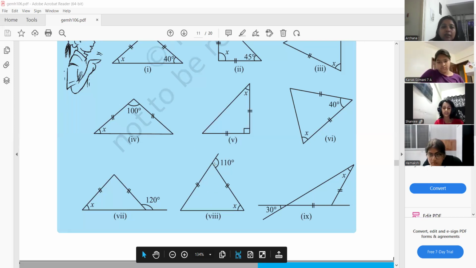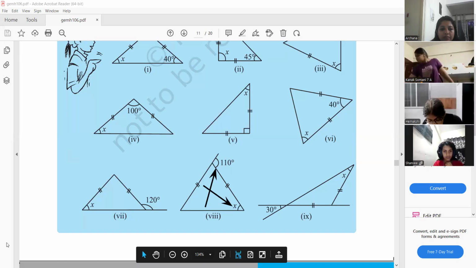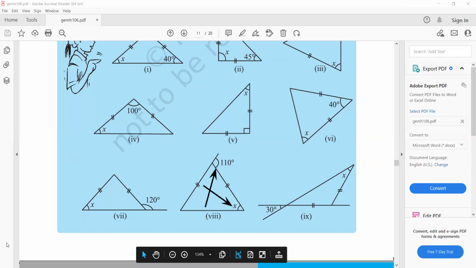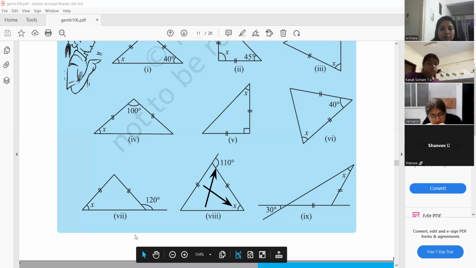Himakshi, now quickly tell me whether you are able to see now. Ma'am, you have shared the screen or not? Yes, I will share the screen one more time. Just a moment. Yes, ma'am. I am able to see. Okay. No, ma'am. These angles are equal.